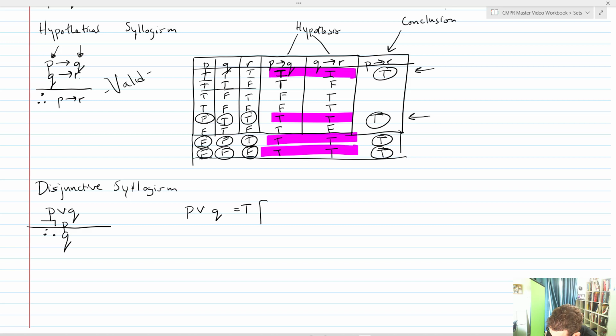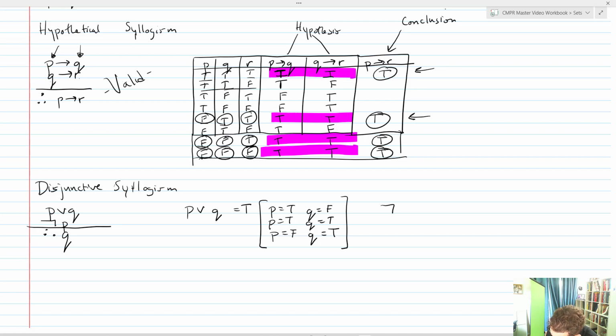And remember, that's going to be true if P equals true, Q equals false; P equals true, Q equals true; or P equals false, Q equals true. So that's when P or Q being true is going to be the case.